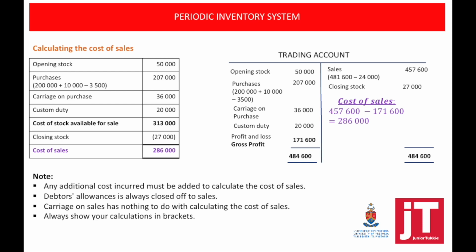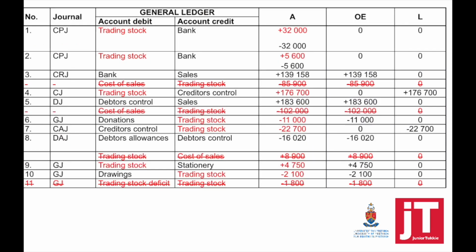Take note, it will give you exactly the same answer. So to calculate your cost of sales, it's always your opening stock plus purchases plus carriage on purchases plus any other additional cost equals cost of stock available for sale minus your closing stock equals your cost of sales. Refer now to activity 1, which we've completed. This is just to give you an illustration of what will happen.